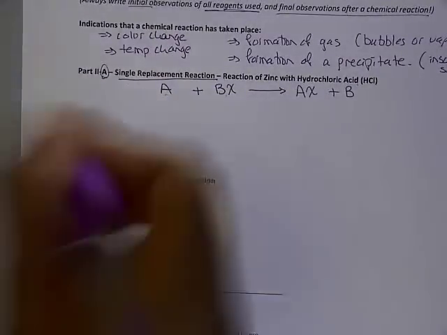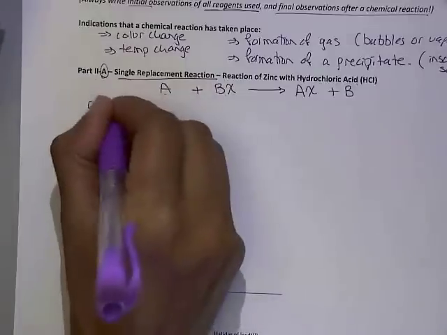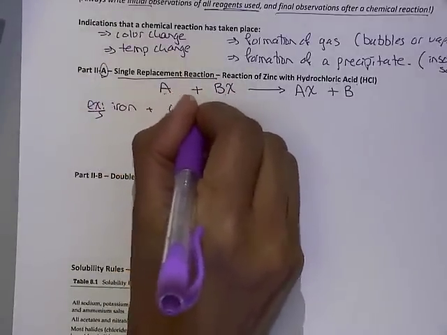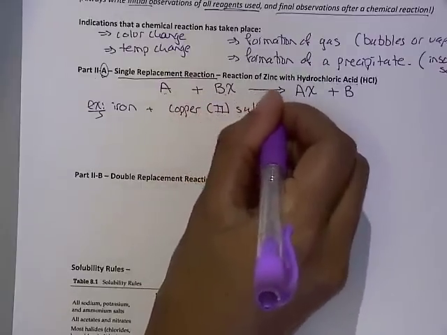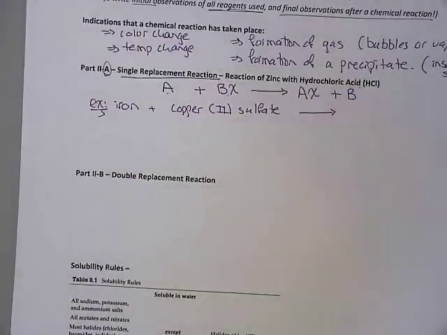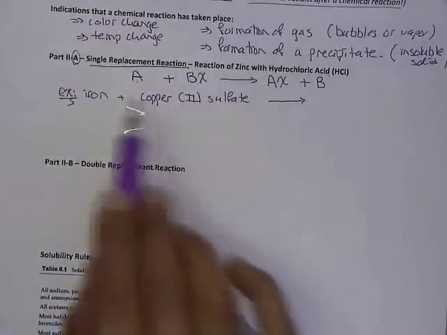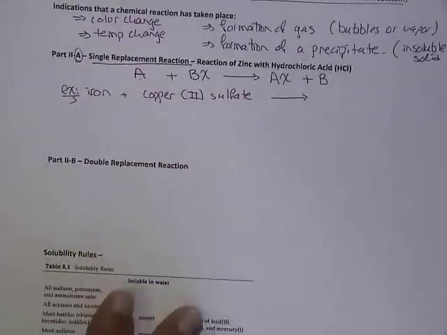So another type of single replacement reaction, what if we have iron plus copper 2 sulfate? So part of your exercise after lab, which you are to pass in during GIL, is to actually write out your reactions in Word and then convert them to formula. So how do I know this is a single replacement reaction?